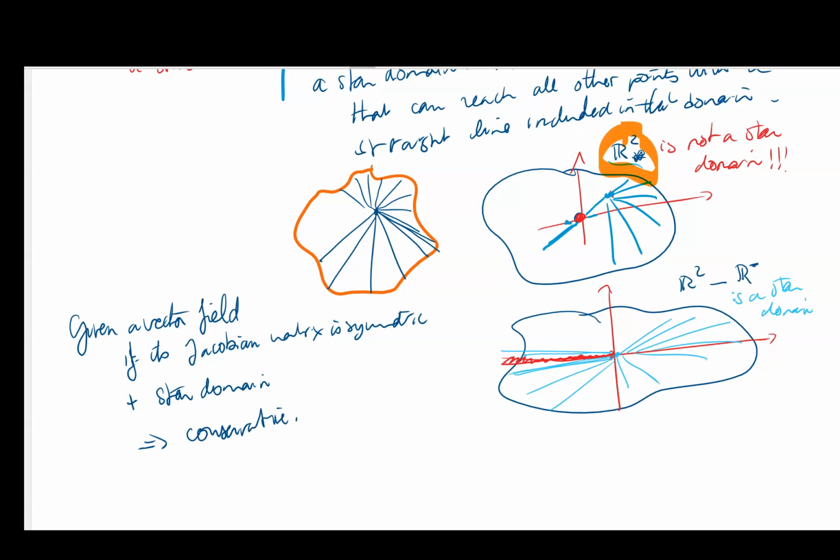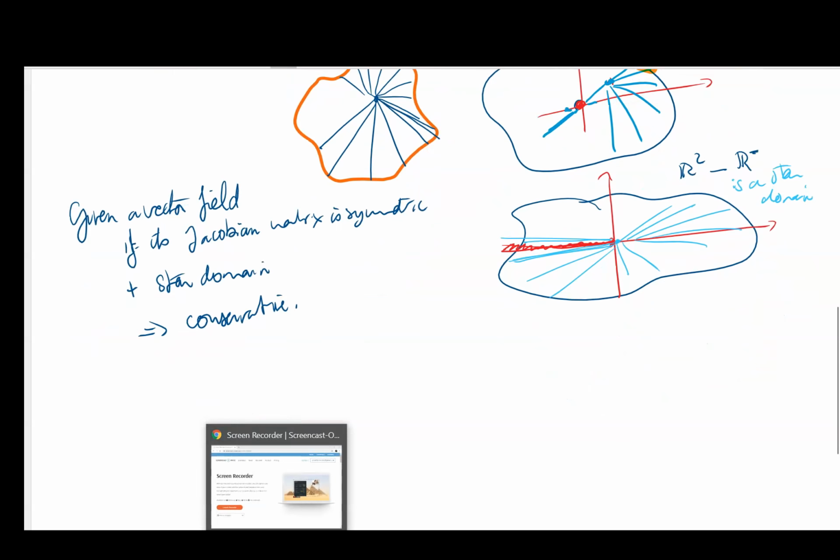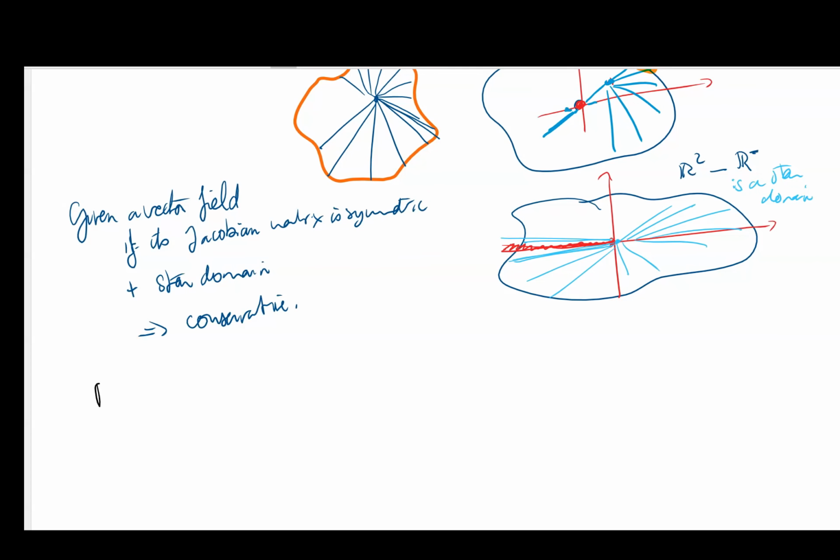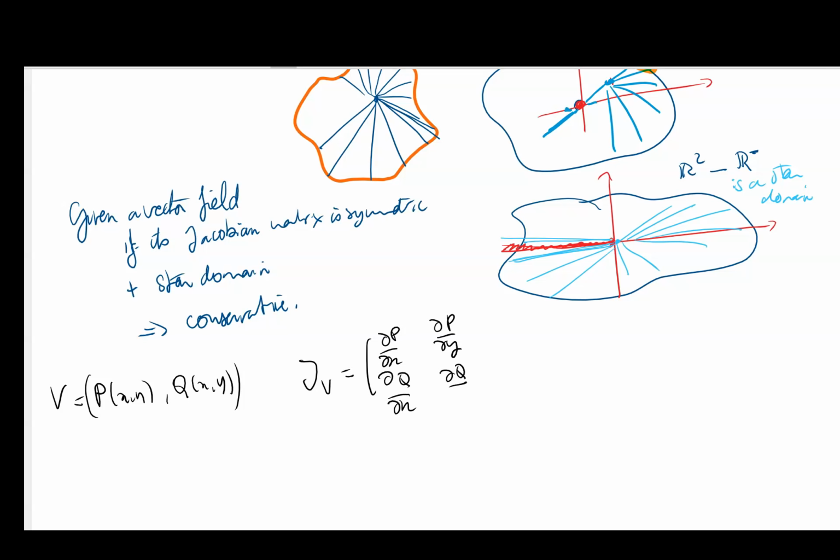Write the Jacobian matrix of the vector field that I've given earlier. Right? If V is given by P of xy, Q of xy, write the Jacobian matrix. So assuming you've done that, the Jacobian matrix of V is going to be dP over dx, dP over dy, dQ over dx, dQ over dy.